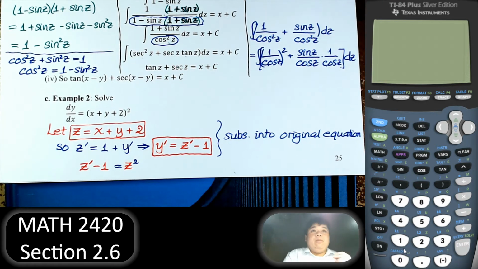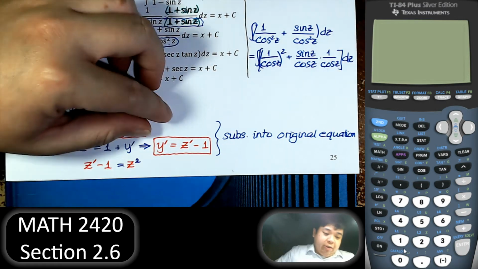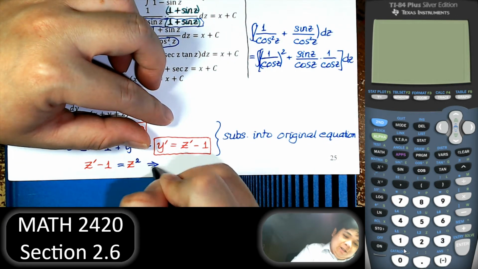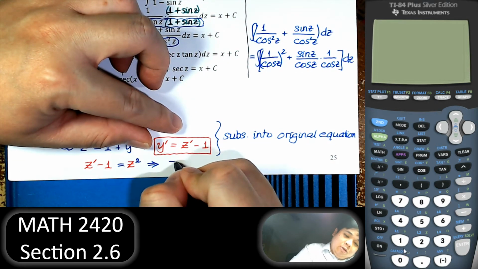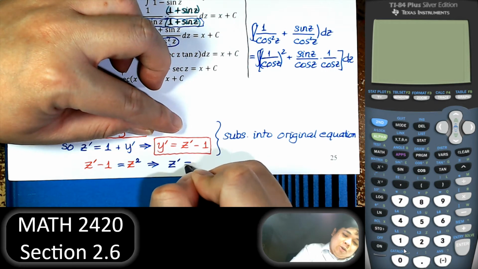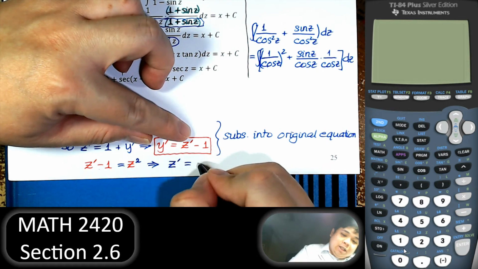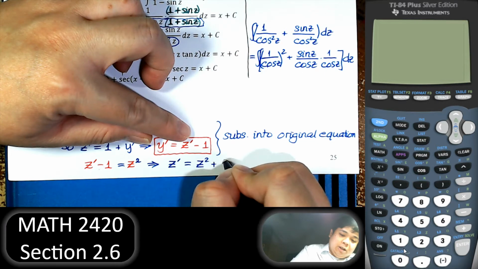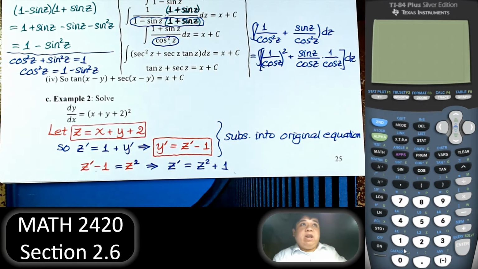Right. Now, as mentioned before, this should be a separable equation, right? So I move the 1 over: z prime equal to z squared plus 1. Right. And we'll continue on the next page.